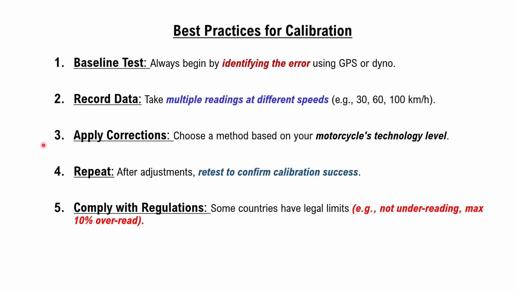Choose a method based on your motorcycle technology level. Repeat. After adjustment, retest to confirm calibration success. This is very important. And finally, comply with the regulations. Some countries have legal limits, for example, no under-reading and a maximum over-reading of 10%.